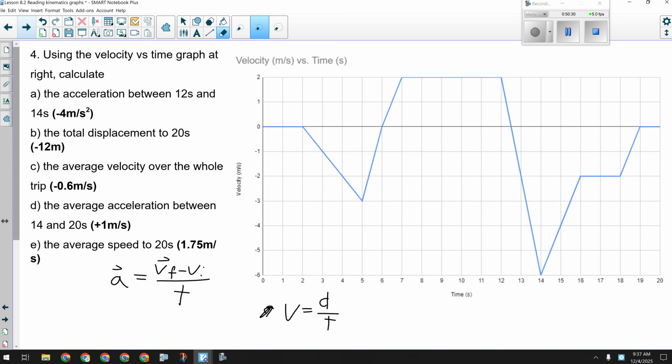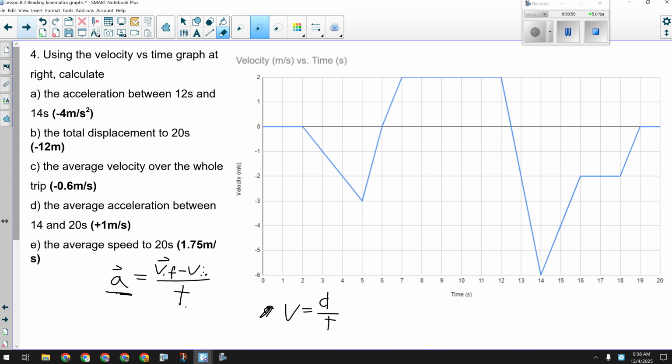So if I want to calculate the acceleration between 12 and 14 seconds, for part A, I need to get from the graph the initial velocity, the final velocity, and the time. It's a velocity time graph, so I can get those things.